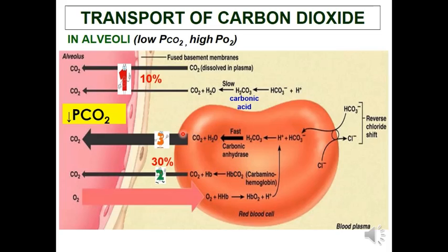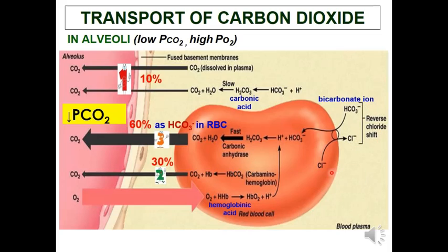What happens is, because of the high partial pressure of oxygen in the alveolus and the affinity of hemoglobin towards oxygen, the hemoglobinic acid will dissociate and the hemoglobin will bind with the oxygen, and H plus then combines with the bicarbonate ion that diffuses into the red blood cell, shifting with the chloride ion that diffuses out from the red blood cell. This is called the reverse chloride shift.